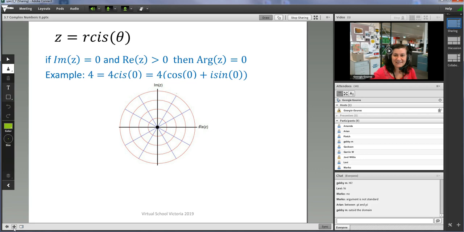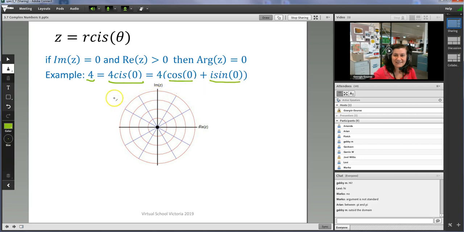Alright, so what's actually happening here? Here's a number that you're really familiar with, the number 4. You can express it in polar form in a way that maybe you haven't seen before. So 4 can be expressed as a complex number as well. 4 can be expressed as 4 cis 0. Does this make sense? Because if you expand 4 cis 0, that's equal to 4 times open bracket cos of 0 plus i sine of 0 close bracket.